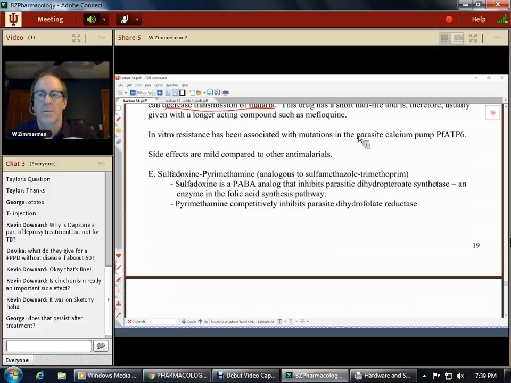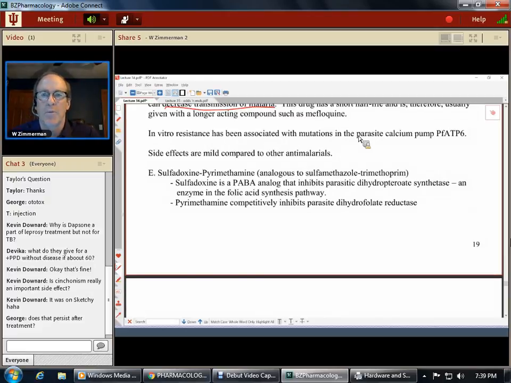Then there's a sulfamethoxazole trimethoprim analog, and that's the sulfadoxine pyrimethamine. Sulfadoxine is a PABA analog that inhibits the parasitic dihydropteroate synthetase, an enzyme in the folic acid synthesis pathway. Again, humans get folate in the diet.